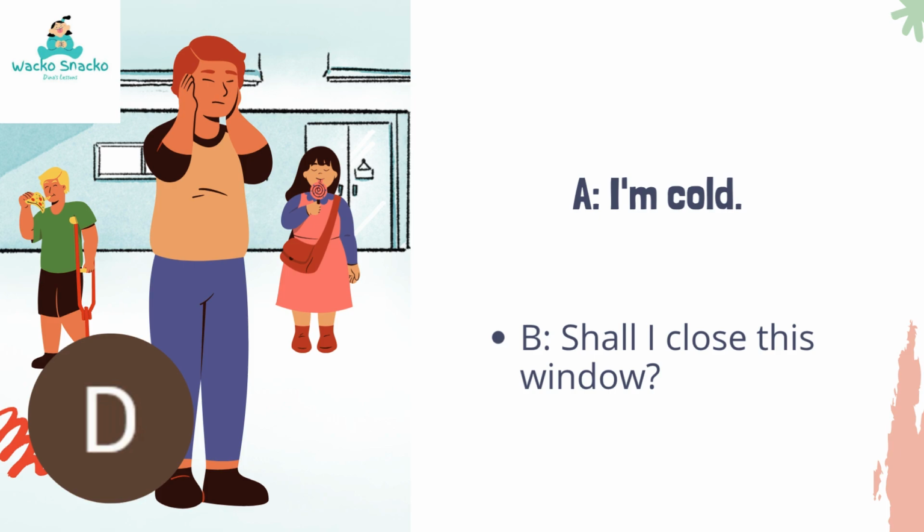Can I say, "Shall I closes this window?" No, we cannot say "Shall I closes," because the verb after "shall I" or "shall we" comes in the infinitive form, so we cannot add an s at the end of the verb. So we can only say, "Shall I close this window?"